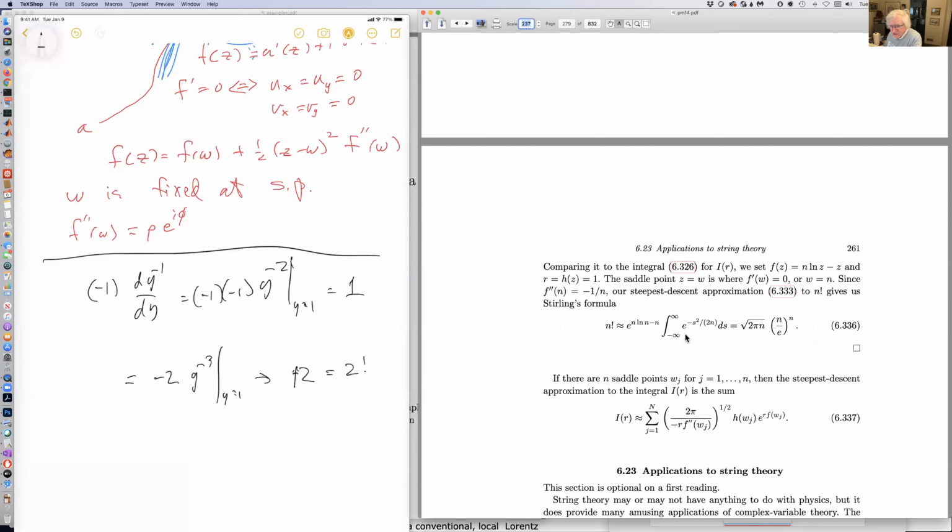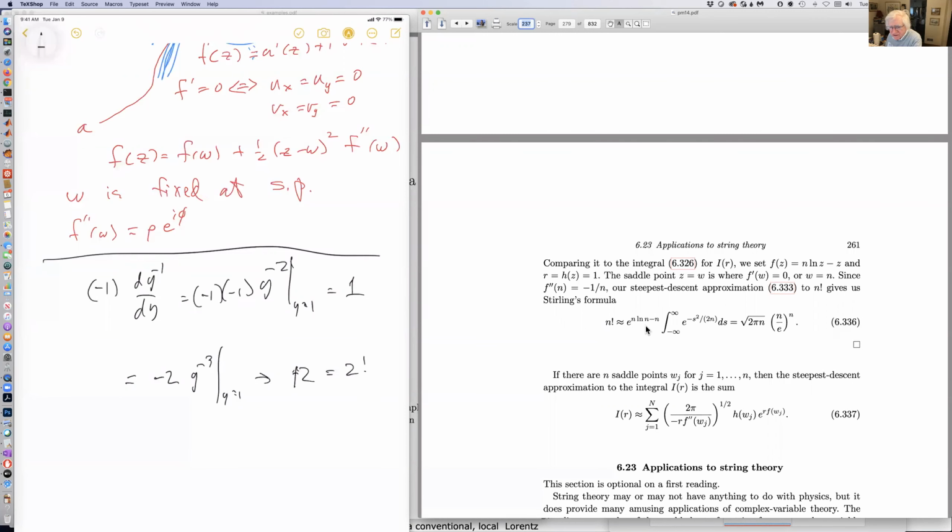Then we have this Gaussian integral, which gives us a factor that altogether converts this to square root 2 pi n. So e to the n log n is n to the n. That's the n to the n term. E to the minus n is that term. And the Gaussian just gives us square root of 2 pi n.